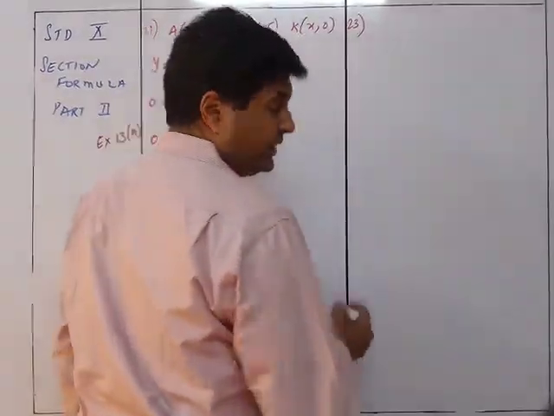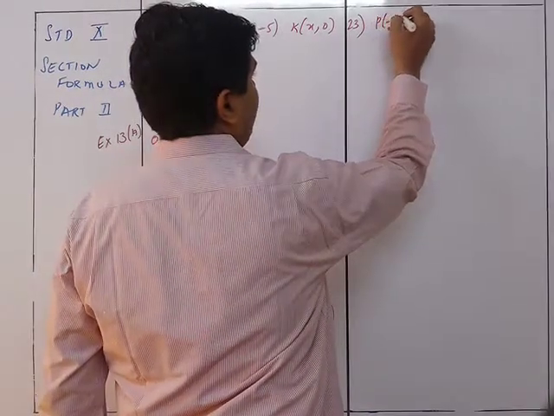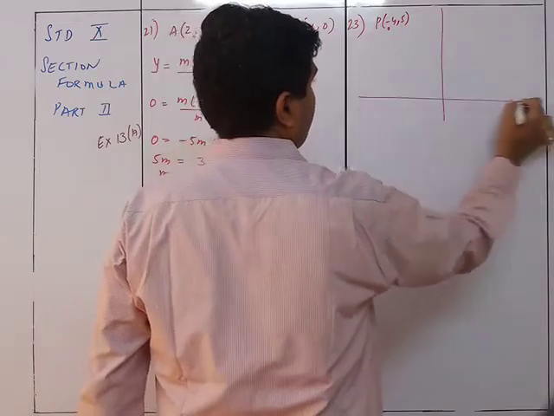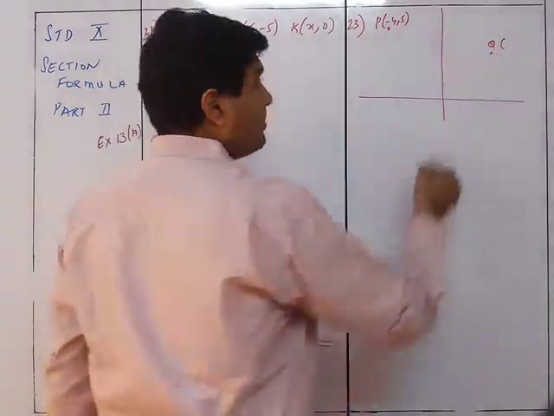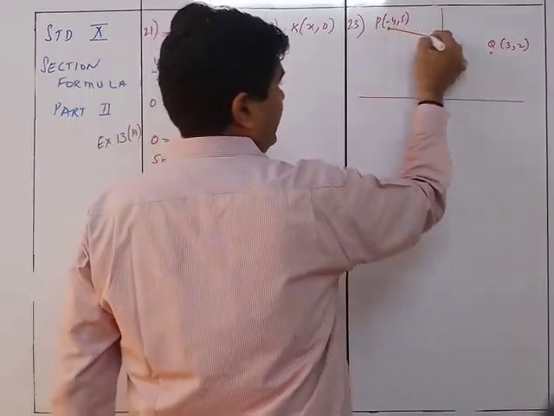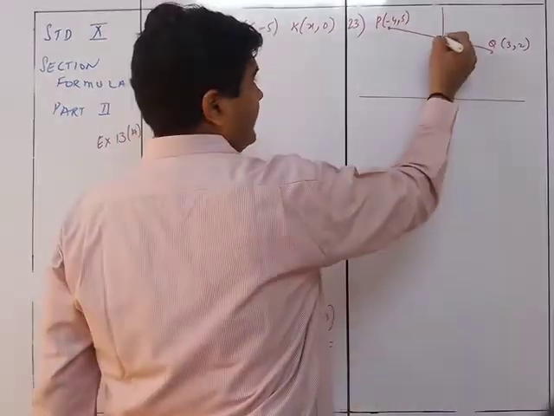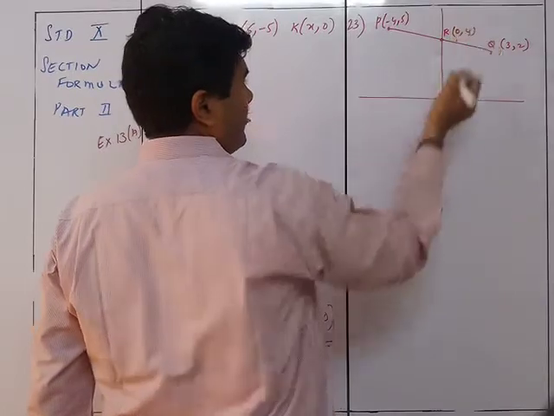You got P over here as (-4, 5), Q which is (3, 2). Okay, this is the line, and it is divided by the y-axis at R, which will be (0, y).